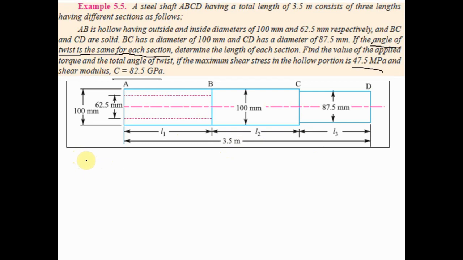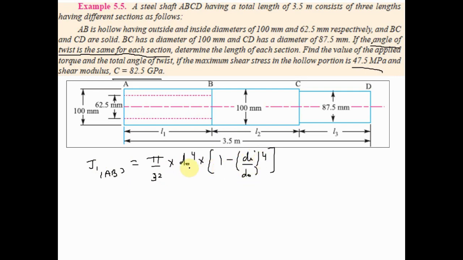J1, that is for section AB, is equal to pi by 32 times d outer to the power 4, multiplied by 1 minus k to the power 4, that is inner by outer to the power 4.